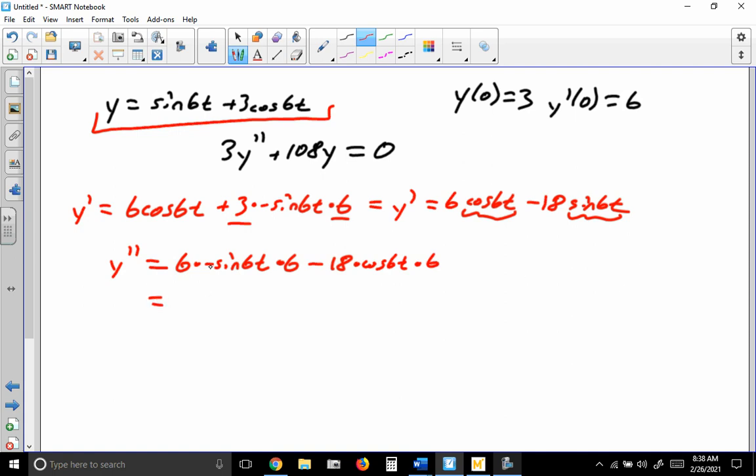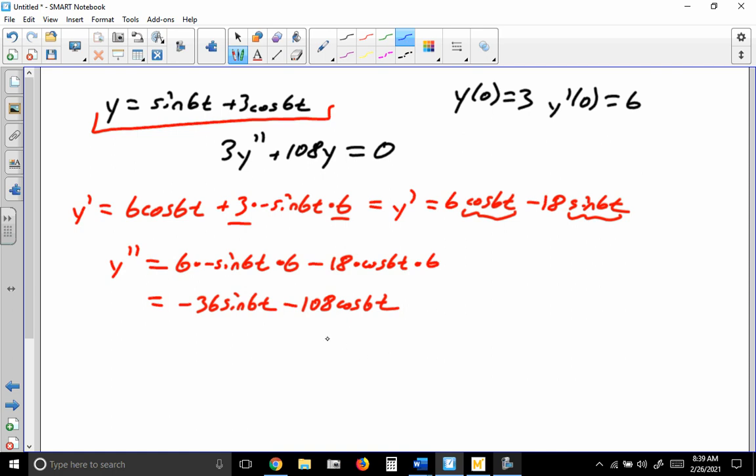So out front, we have a negative 36 sine 6t. The next term, a negative, positive, positive, that's negative. 6 times 18, I believe that's 108 cosine of 6t.